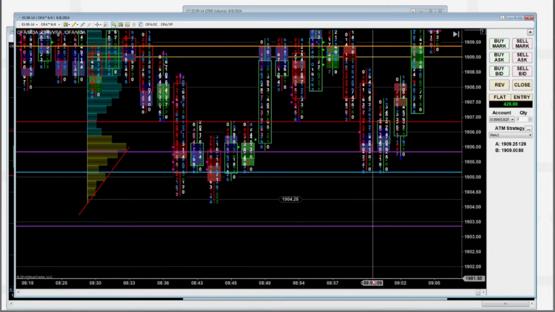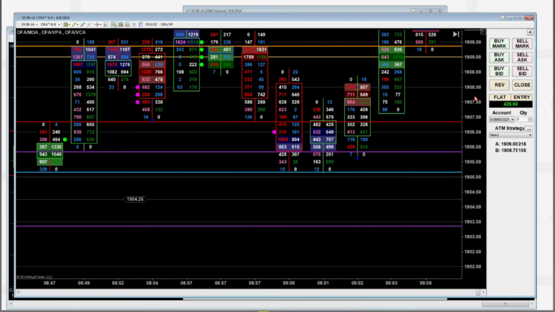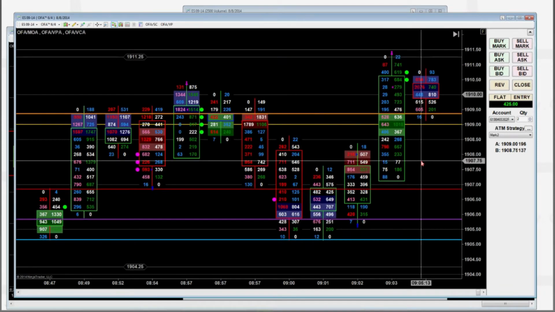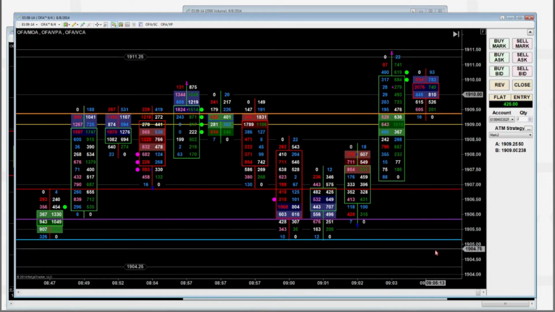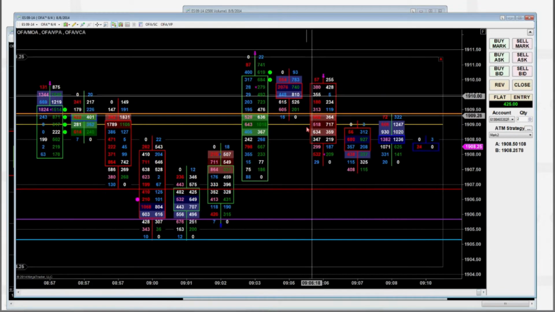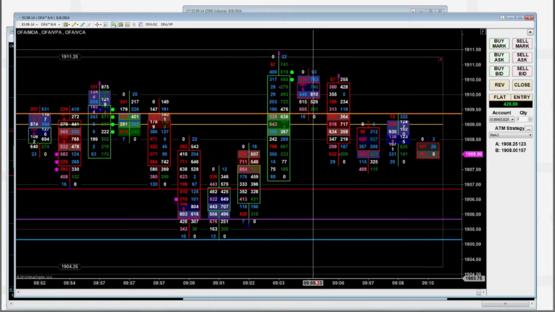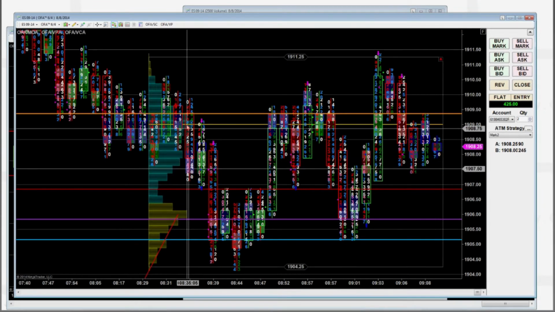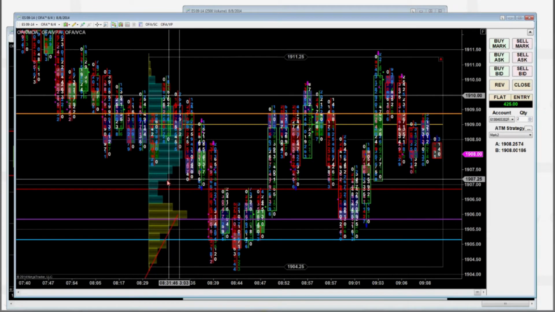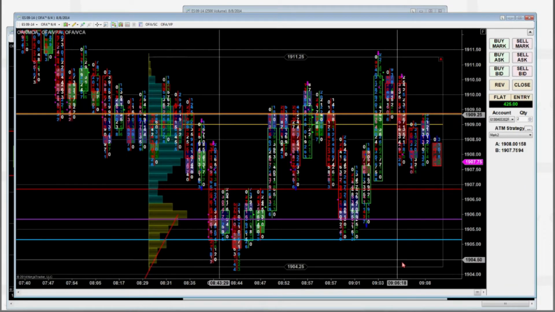If this is all weakness, if this is weak and it comes back through this level, and this just came a little lower than I wanted it to. If this is all weak, then my expectation is that it's going to start to traverse the thick part of this profile and look to come back up to at least 1909, 1909 quarter.